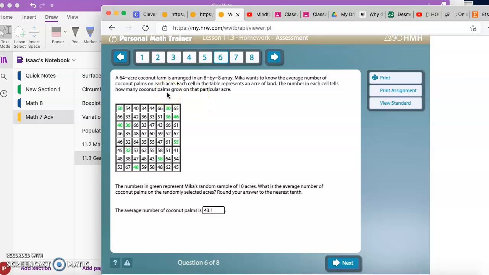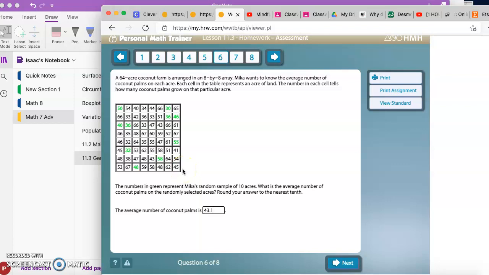Let's say we've got a 64-acre coconut farm, and it's arranged in an 8 by 8 array, like this one. Mika wants to know the average number of coconut palms on each acre, and each cell on the table represents an acre of land. And the number in each cell tells you how many coconut palms grow on that particular acre. So, looking at this situation, it's like Mika owns this enormous 64-acre, 8-acre by 8-acre coconut farm.